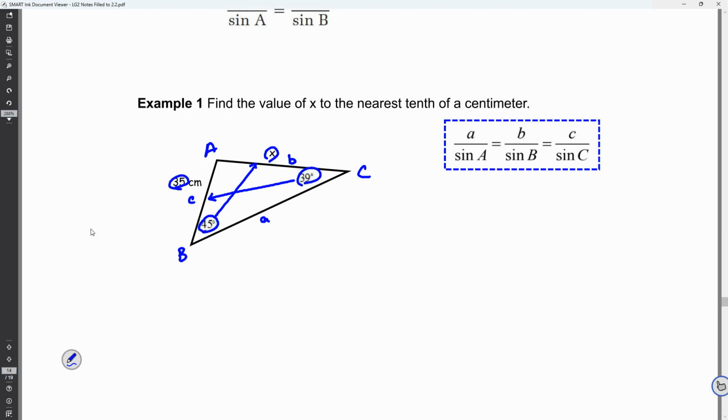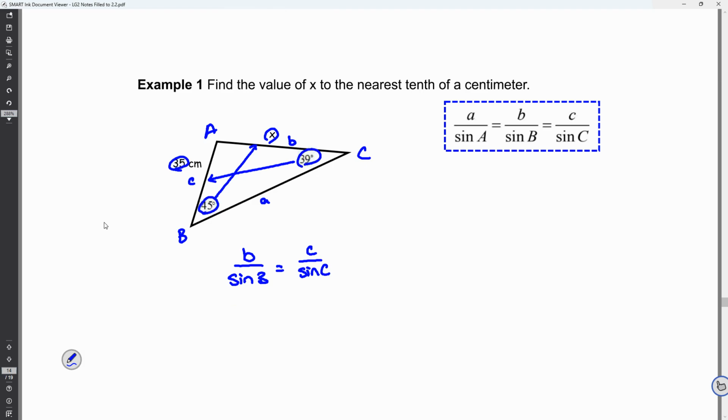I'm going to go ahead and write this out. I don't know side length b, so I'm going to take b over sine B is equal to c over sine C. And the nice thing to note is that I could have labeled A's, B's, or C's anywhere, as long as they're labeled properly.